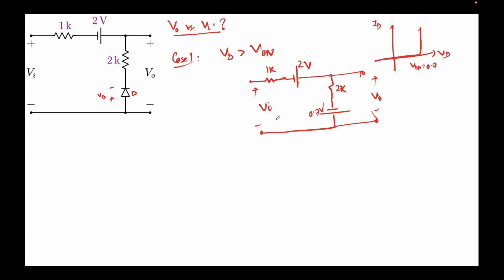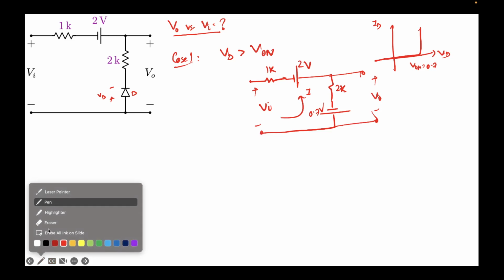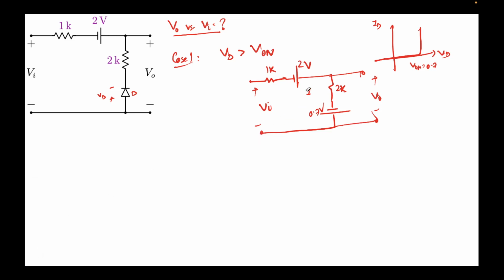It doesn't matter for the analysis, because the important thing here is that you place the polarity of the diode correctly when you replace it with a voltage source. You can assume current to be in any direction. So now let's assume the current is in this direction. For the sake of consistency, I'll keep the current direction the same, otherwise it might get confusing.